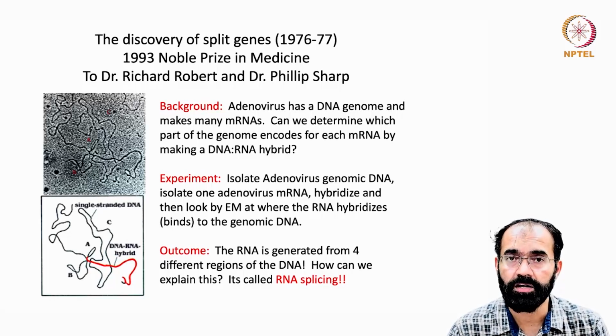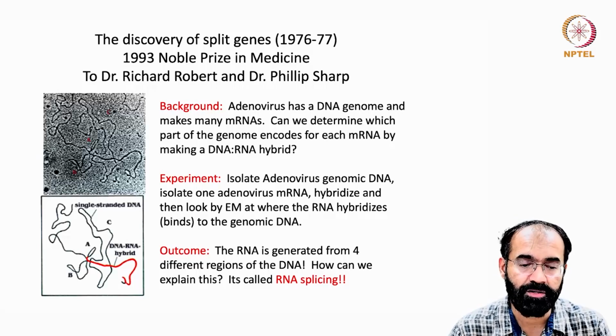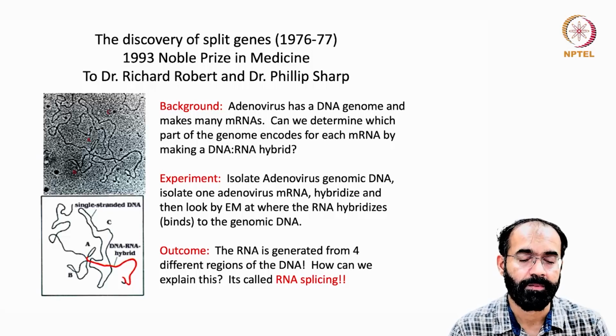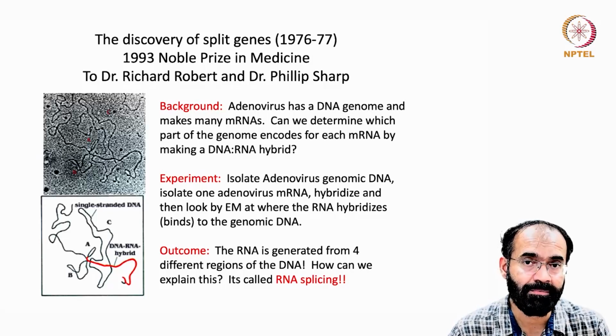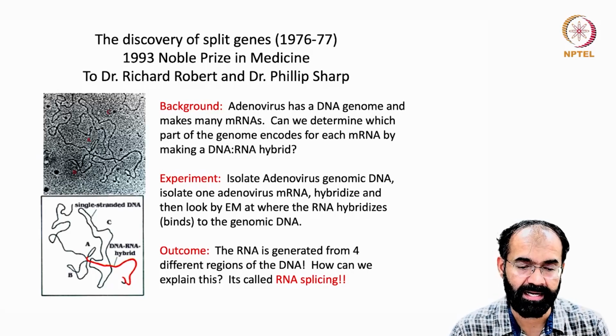So they called it split genes, but evidence was needed, and you can see here their experiment with a proper design using radioactive isotopes and electron microscopy. They could prove that introns are somehow removed post-transcriptionally from the RNA.